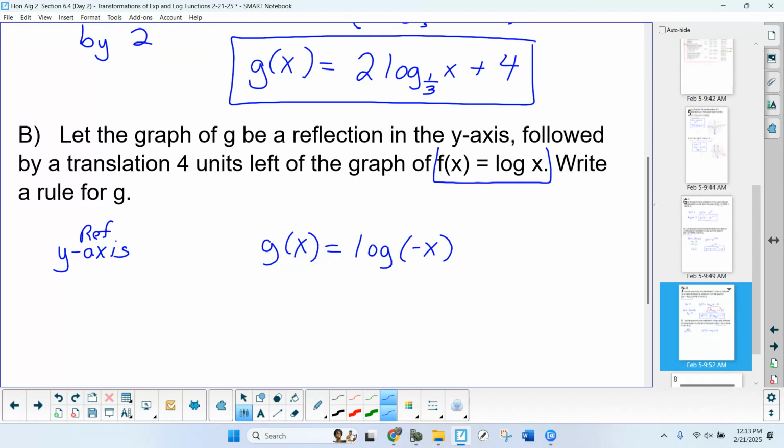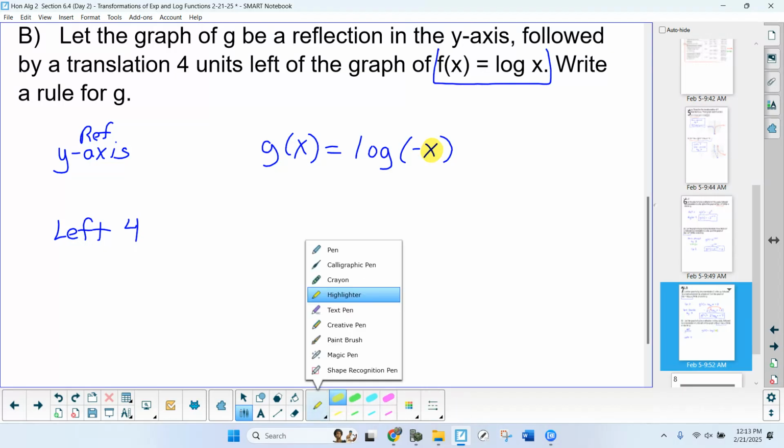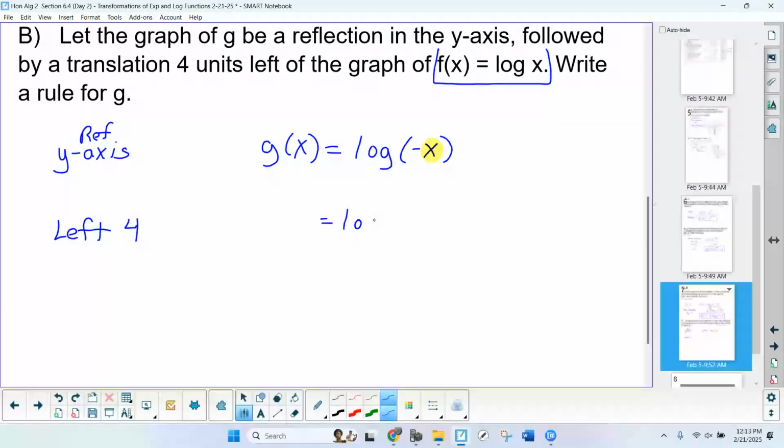Now, here's the hard part of this one. What are we going to do next? We're going to go left 4. What do you guys do when you go left 4? Add 4 to x. But do you remember, anytime you go in with x, it's just x. So I'm going to put that in parentheses. I have log of negative x plus 4.